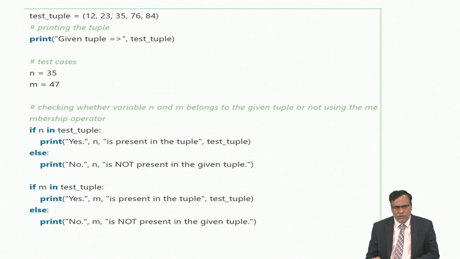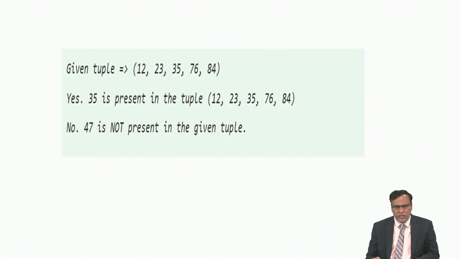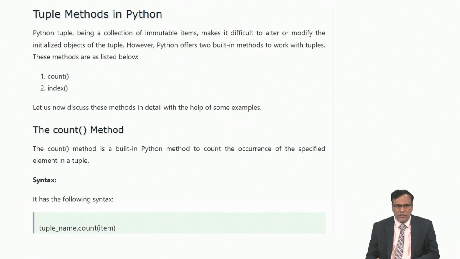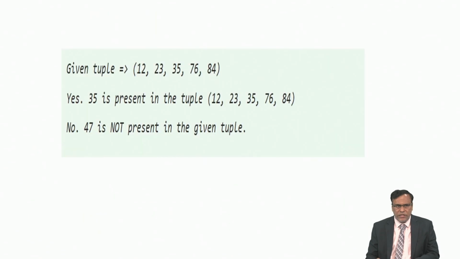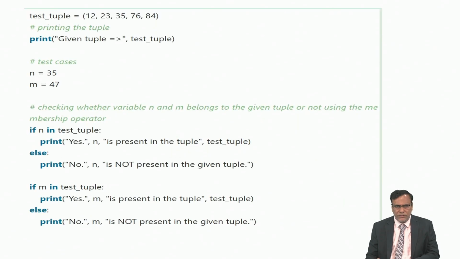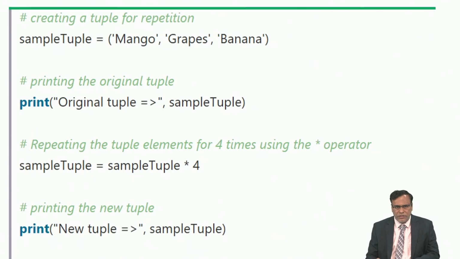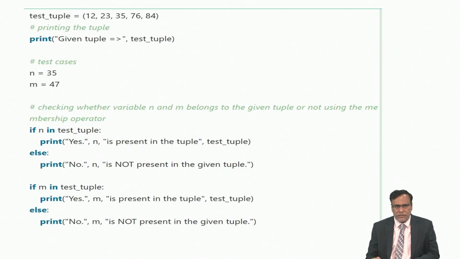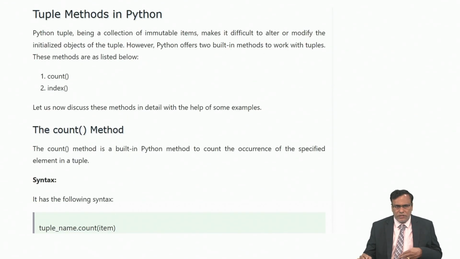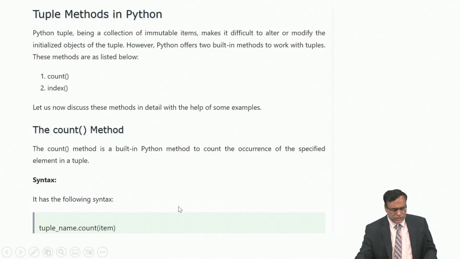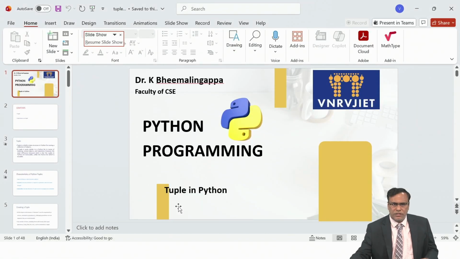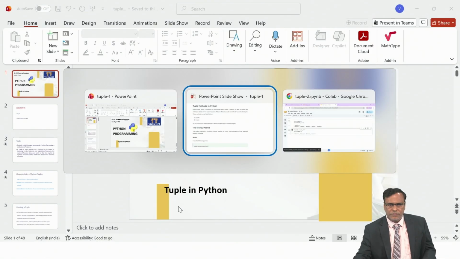Therefore, you got a message that 47 is not in the tuple. So this is how this membership operator works. We call this the membership operator, that is in, not in.